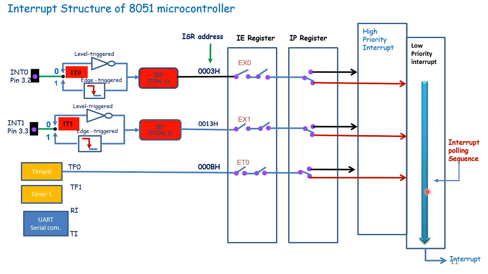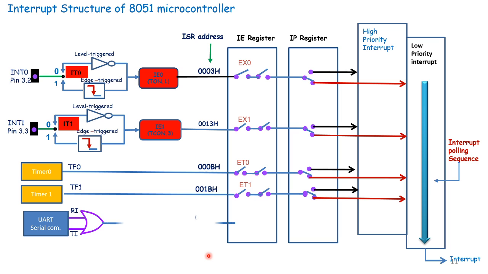By default, these types of execution will be done. Then TF1, timer 1, 001B is the vector address, and then the serial interrupt RI and TI, whose vector address is 0023. In this way, these interrupts get selected.